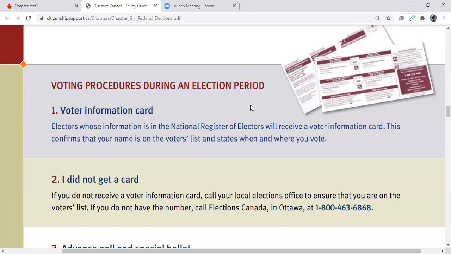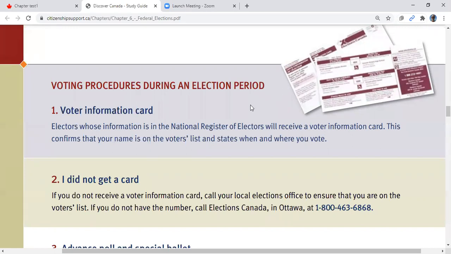Okay, teacher. I did not get a card. If you do not receive a voter information card, call your local elections office to ensure that you are on the voters list.